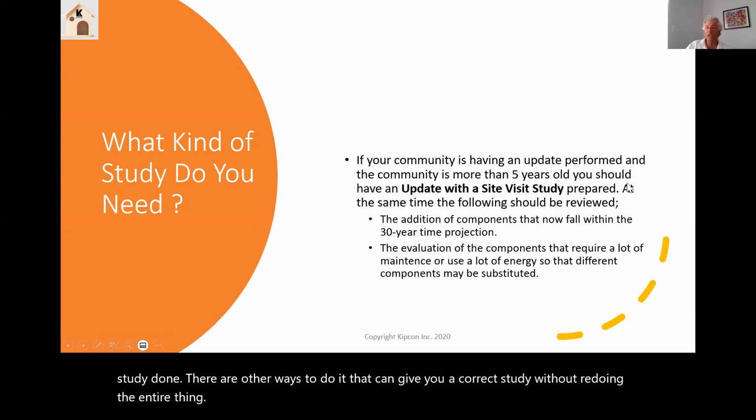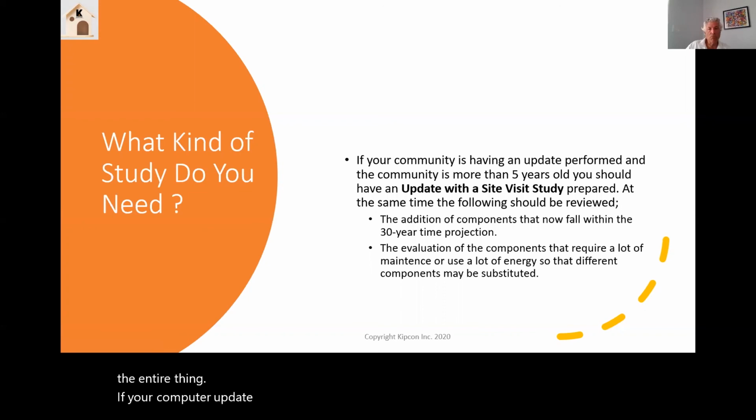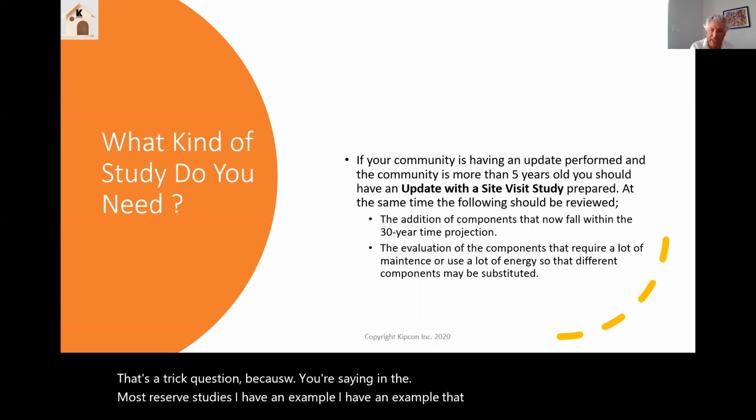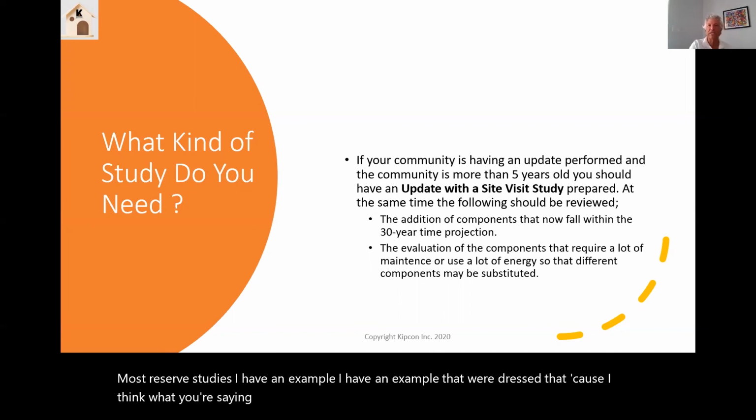If you communicate, what sources do you use to project the cost of replacing the components in the future? Well, that's a trick question because you're saying in the future. Most reserve studies, I have an example that will address that, because I think what you're saying is costs in the future, is how do you take into account inflationary costs?